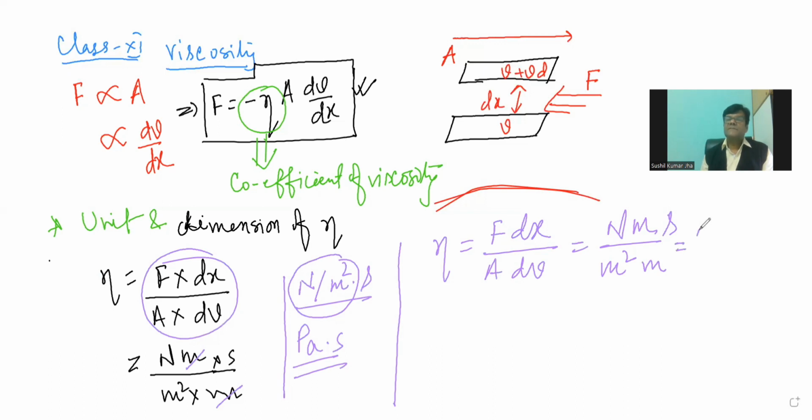Newton will be MLT minus 2. Then meter is distance, so L. Second is T, divided by meter cube, which means L3. So if this L3 goes up, it will be L minus 1 because L square is already existing. So it becomes M, L minus 1, T minus 2 and T plus 1, so it is T minus 1. This is the dimension part.